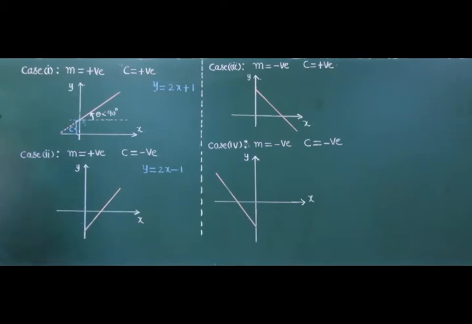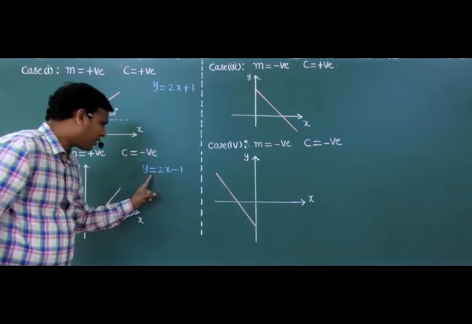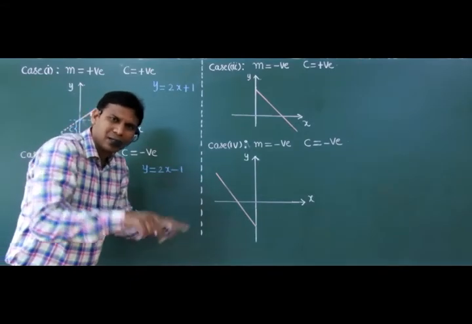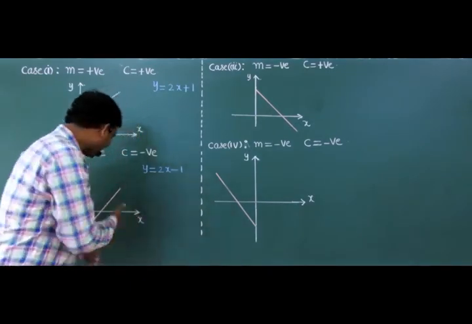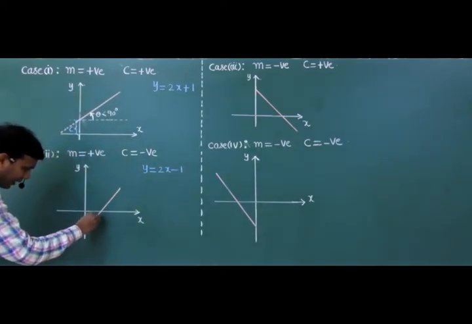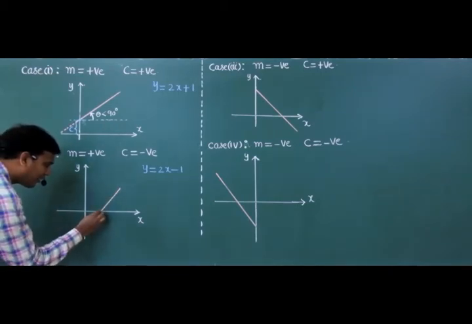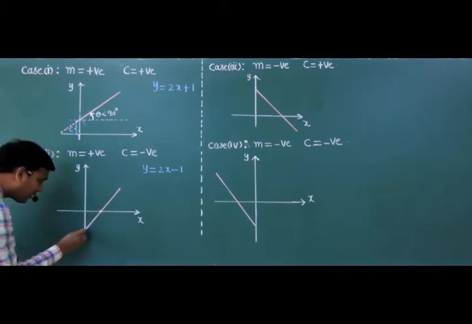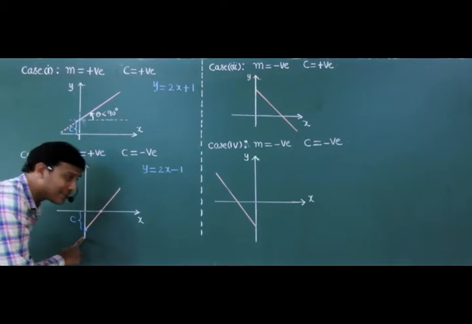Yes, this is the graph. Otherwise, if you want to know this nature, take some random values, draw the tabular column, take some model graph and again you will get the same graph. It is not passing through origin. This intercept is taken along the negative y-axis.